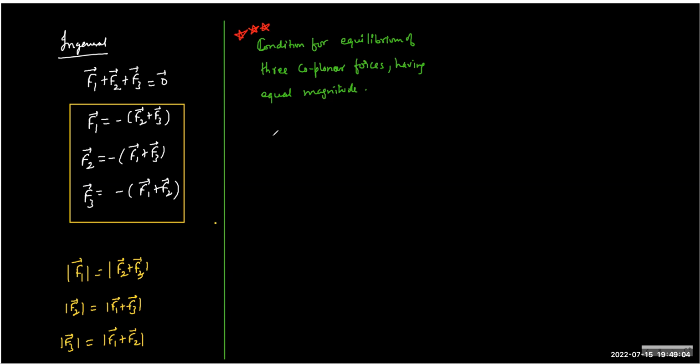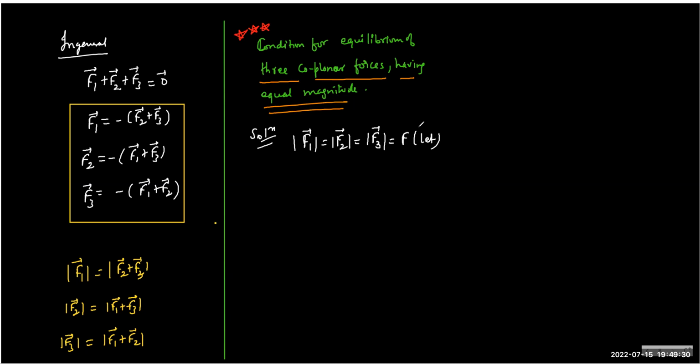So what is given is okay, solution. Given that f1 vector is equal in magnitude to f2, is equal in magnitude with f3, let's call it f. Okay, so this is the first condition as obvious from the question itself. Am I right? Yes. And now I have to write a condition which is called the mathematical condition, which talks about this value.